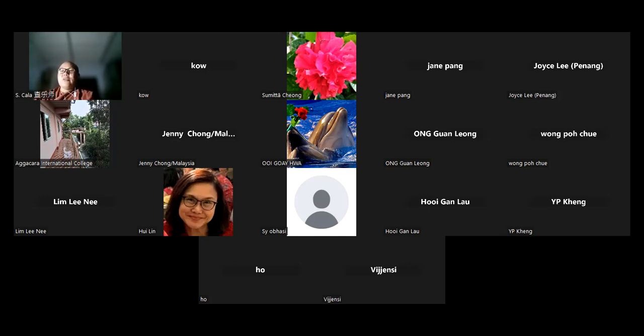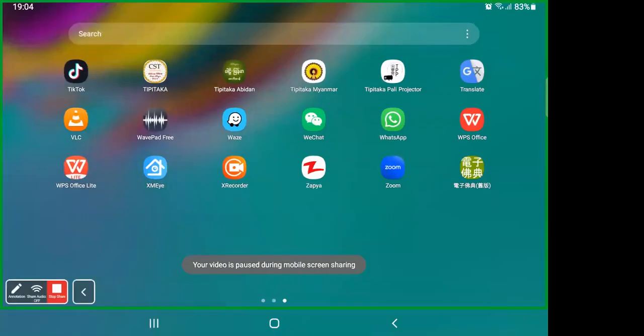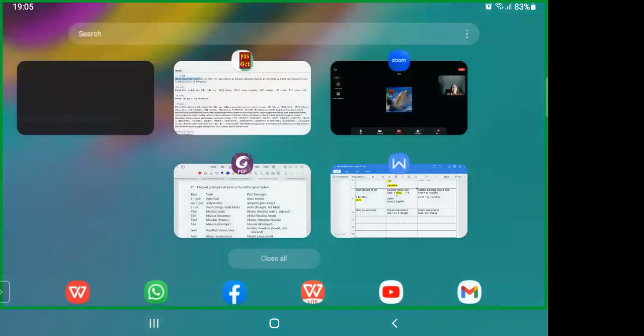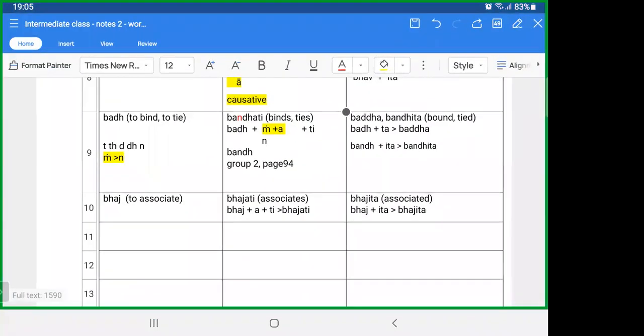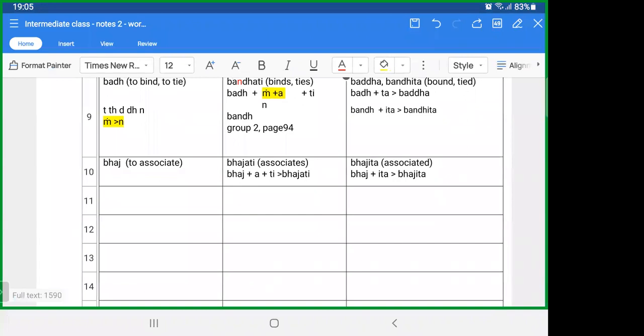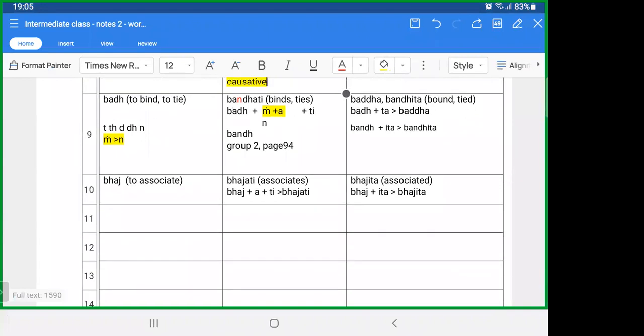So basically, I want you all to have some understanding. I don't want you to discuss because all these are very small minor details. You really have to use your pen and pencil. The worksheet I brought is for you all to fill in the blanks, write down all the possible root, present tense, and so on.